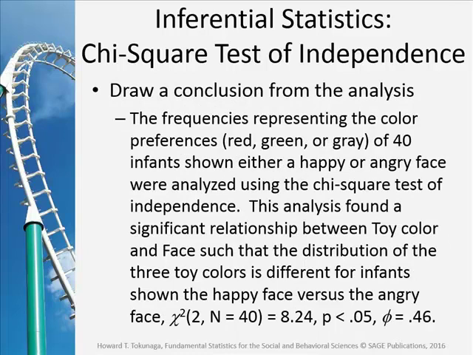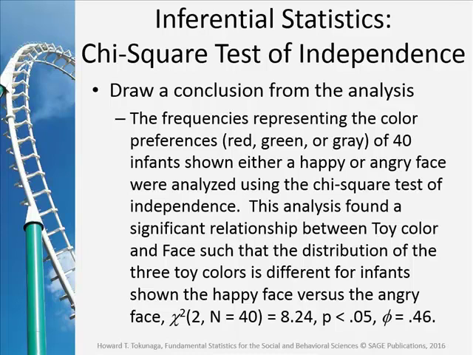Let's figure out what we've got here. Our conclusion: the frequencies representing the color preferences were analyzed, blah, blah, blah. This analysis found a statistically significant relationship between the toy color chosen and the face displayed, such that the distribution of the 3 toy colors is different for infants. Oh my God, they did this to infants.